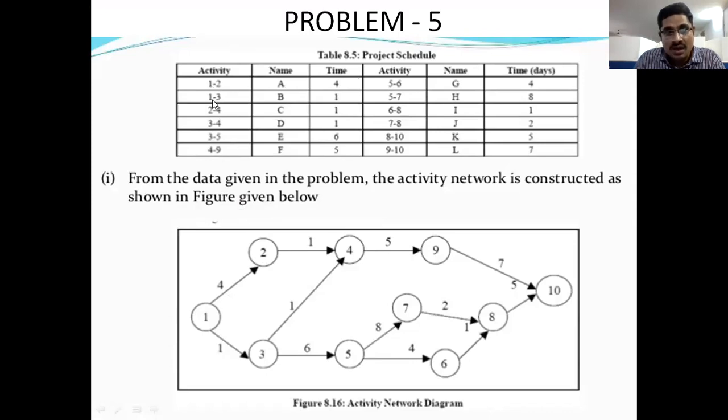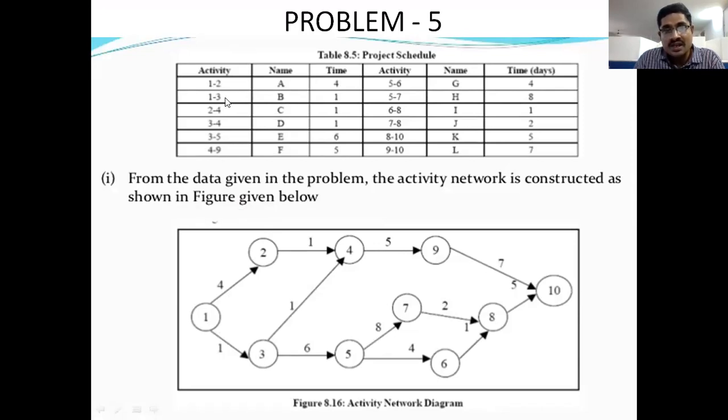Next we need to draw the 1 to 3 activity. Already here I mentioned 1. Next activity 3. We need to draw these two circles and connect one arrow between them. So the 1 to 3 activity has 1 hour of time. Put this 1 hour in the middle of the arrow. Next we need to draw the 2 to 4 activity. Already this is the 2 and this is the 4. We draw like this, connecting one arrow between these two.